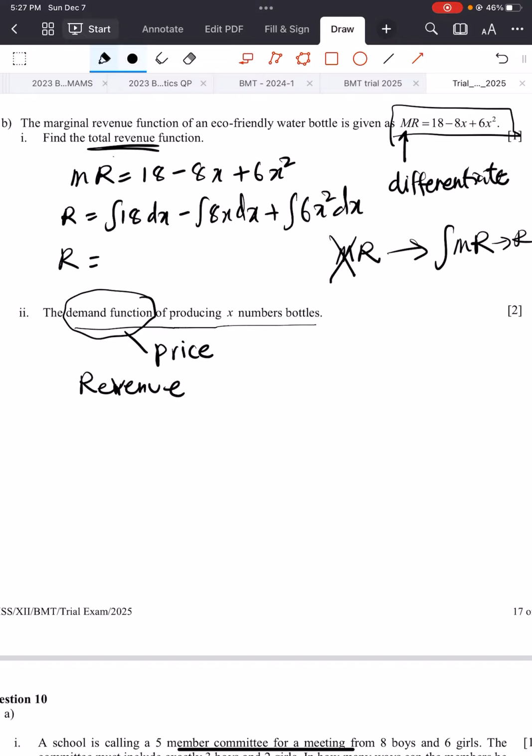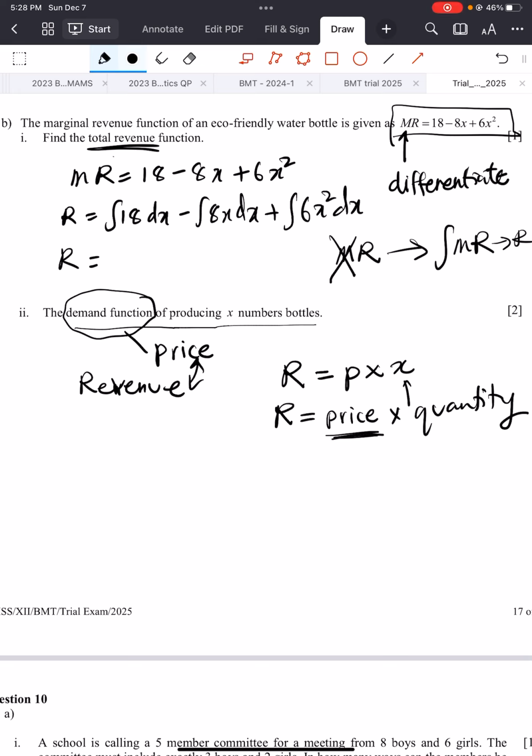So we just found out revenue. The revenue and the price have a relation. You will get revenue only when you multiply price times quantity. So if I want to make price the subject, revenue divided by quantity will give you price.